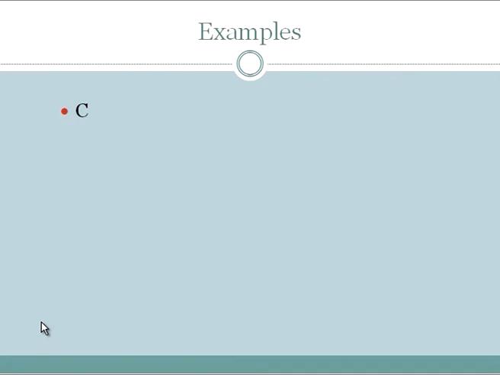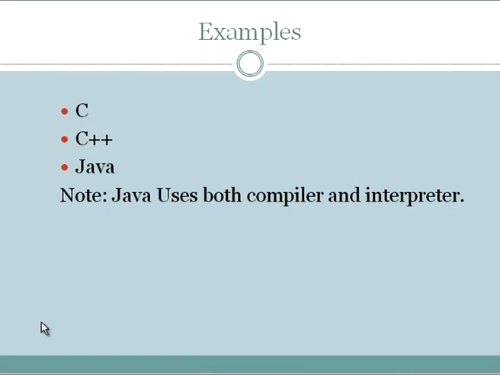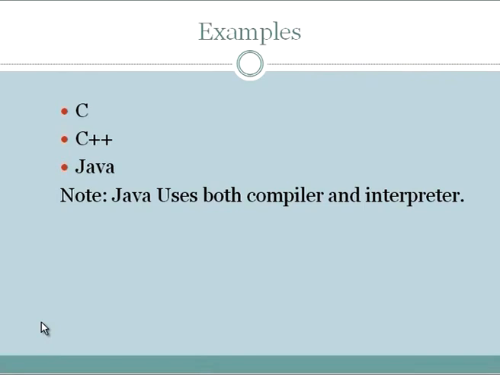Programming language C uses a compiler, C++ uses a compiler, Java also uses a compiler at the initial level. You should remember that the programming language Java uses both compiler and interpreter. First, the compiler is used to compile the source code to a special version called bytecode, and then for the execution of the bytecode, an interpreter called the JVM is used.